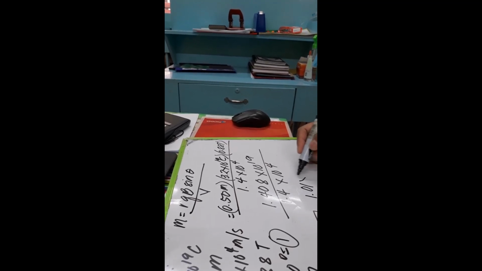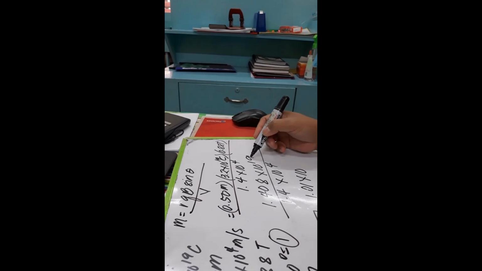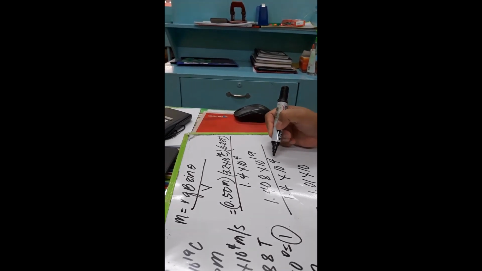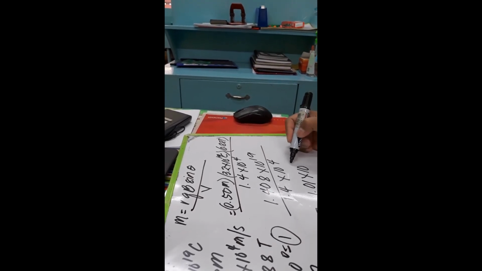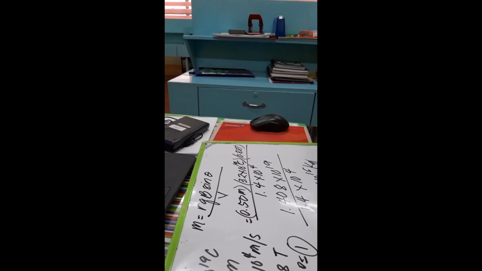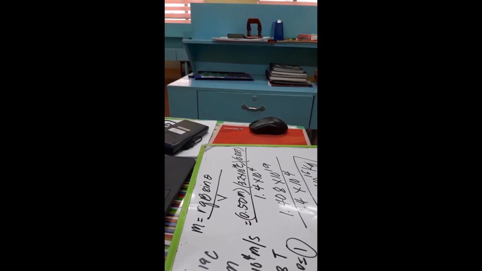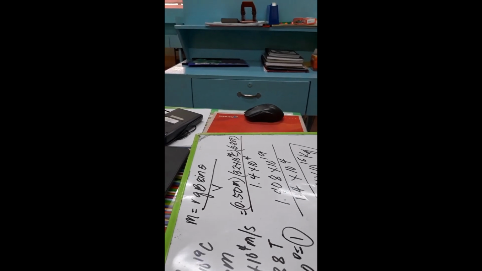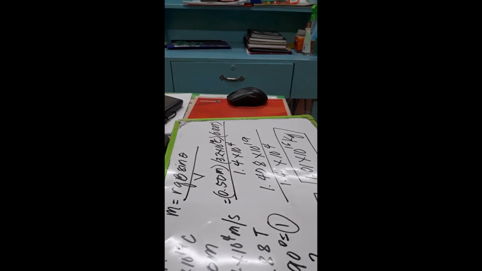So your final answer will be 1.01 times 10. So minus mo yun, 19 minus 4. So we have 15. So ang hinahanap po natin is mass. So the unit is kilogram. So the answer is 1.01 times 10 raised to 15 kilograms.